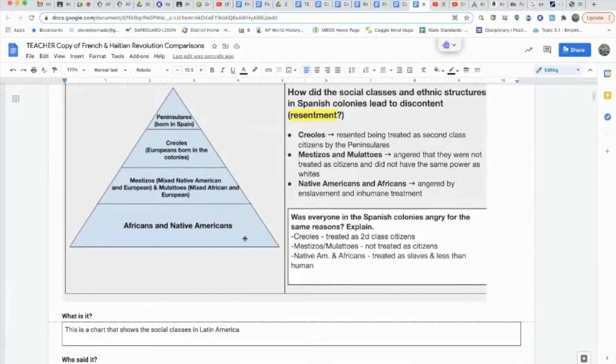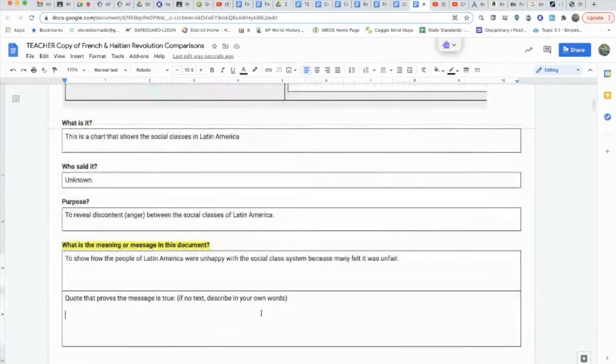So it's an unfair social class system. This is an unfair system in which only the people at the top receive the benefits.